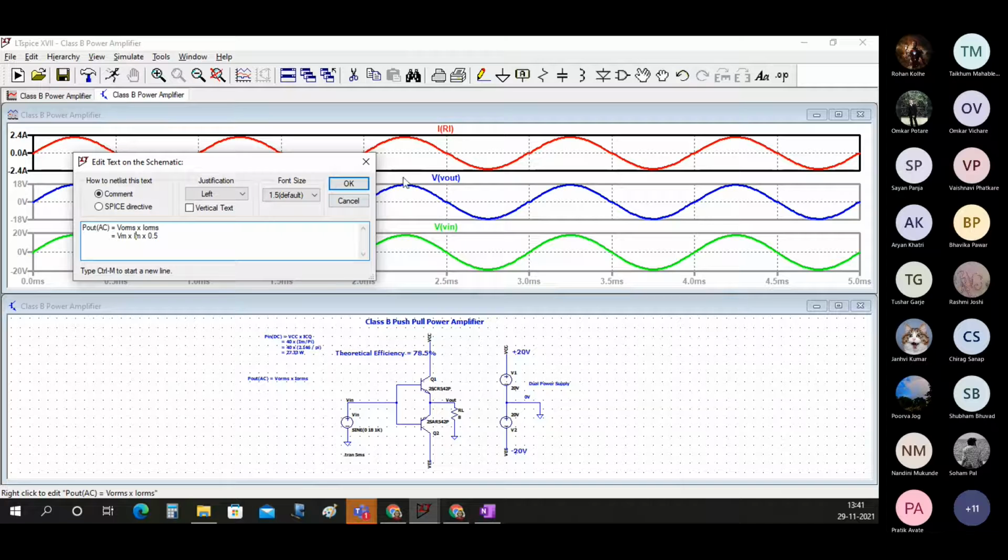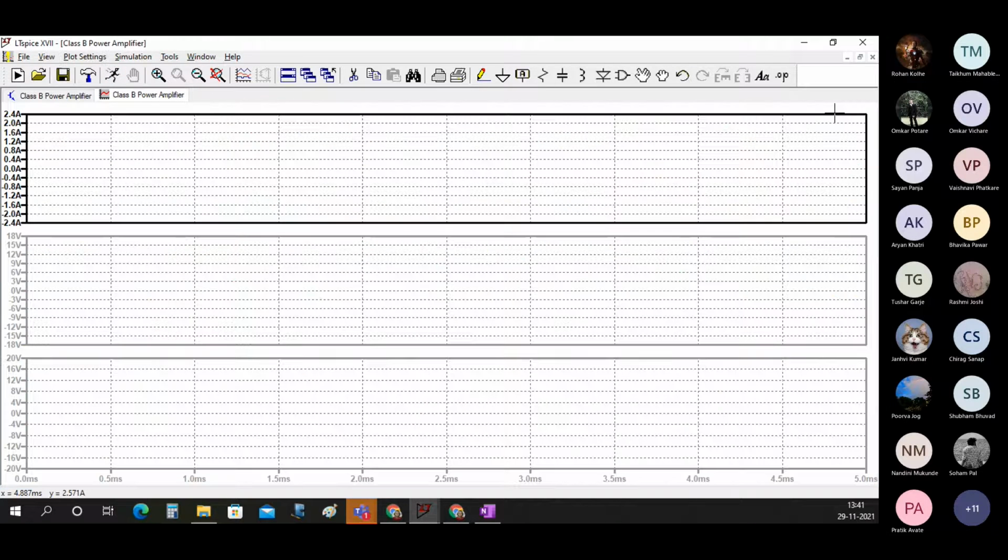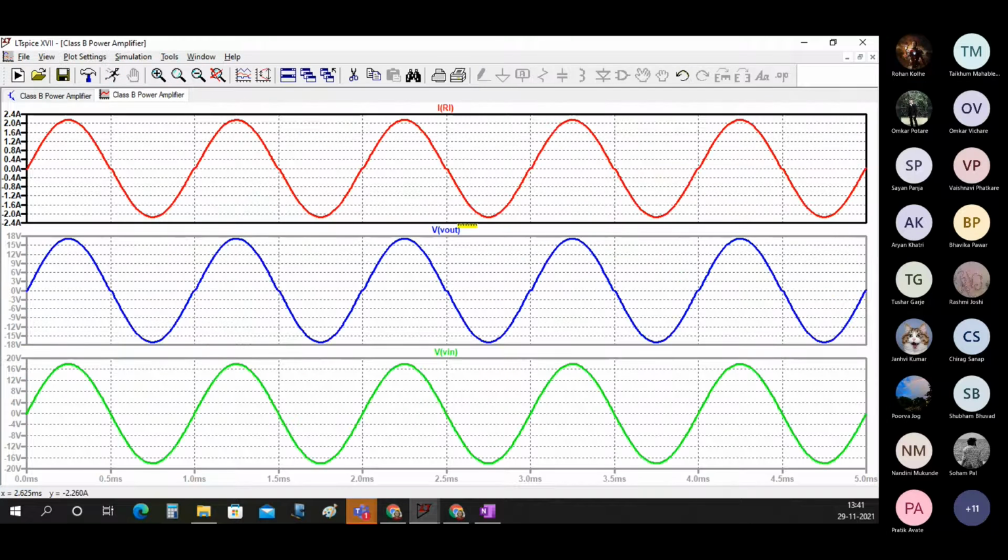Now the question arises, what is V0m and Vm and Im? You can measure that also. So again, what is V0 out?